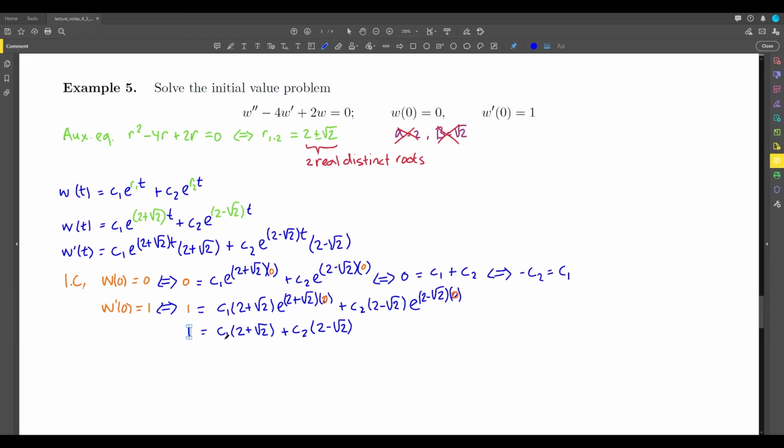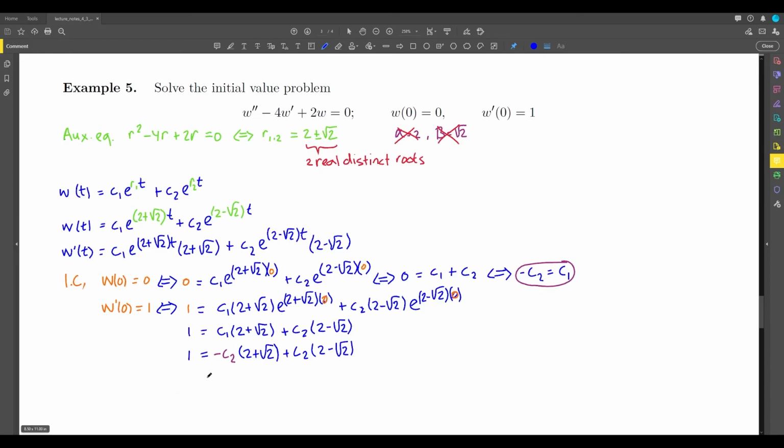So for c1, I'm going to plug in negative c2 into my equation here. So I get 1 equals negative c2 times 2 plus square root of 2 plus c2 times 2 minus square root of 2.